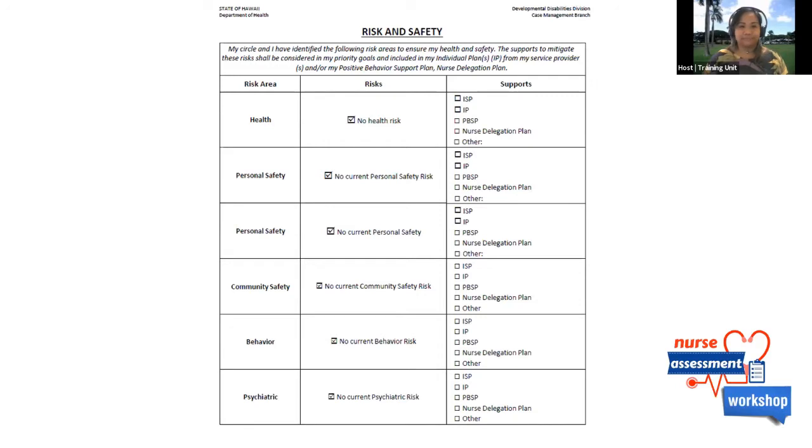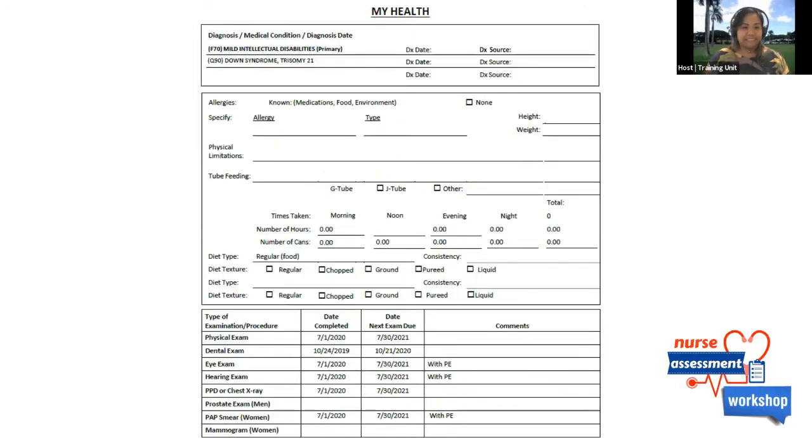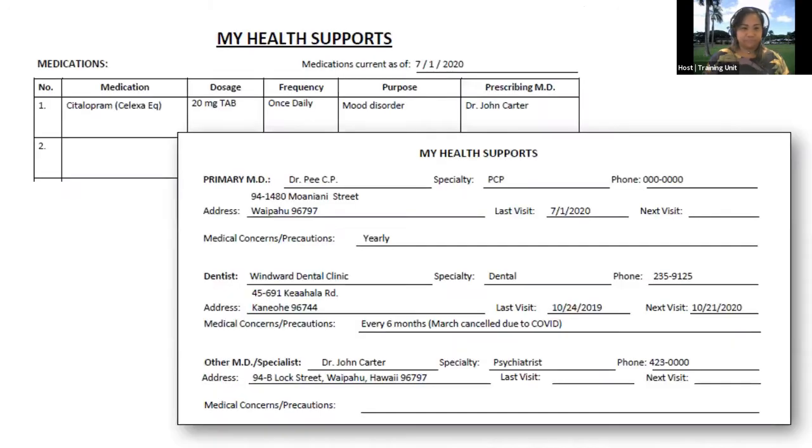Nope, no current risk. This is the page from her ISP also talking about her health, her diagnoses, when she went to the doctor on the bottom. These are her health supports. So the medication she's taking and the doctor she visits.